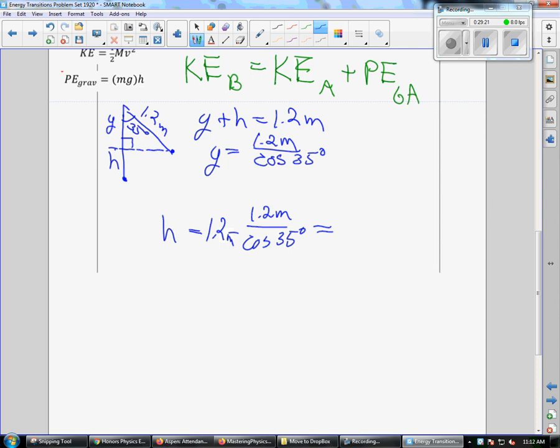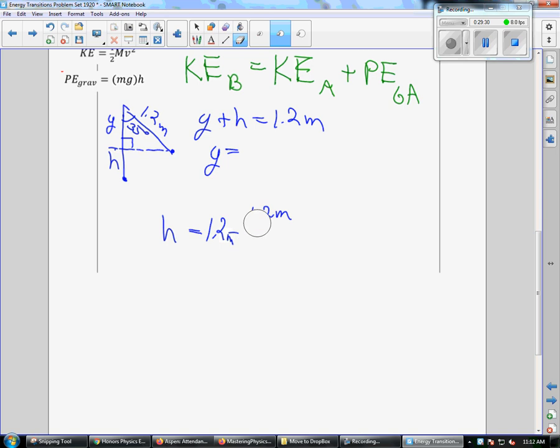I made a mistake here. So we know cosine is adjacent over hypotenuse. So the adjacent side is going to be times cosine. So this is 1.2 meters, cosine 35.